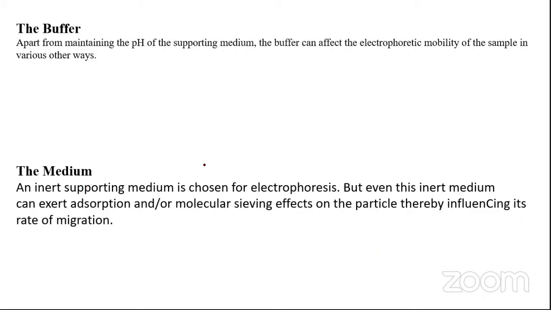Perhaps we can discuss them tomorrow, as we paid much attention to the electric field today. But buffer is important because it is going to decide the pH as well as the charge on your sample, and charge is the essence for separation. So we will talk about buffer and medium in greater detail in the next class.